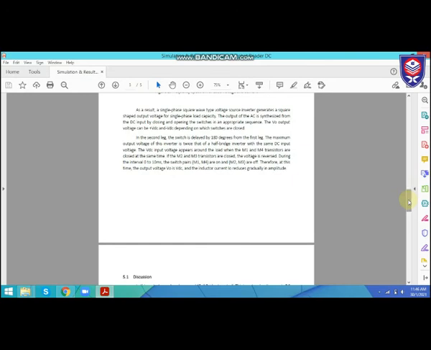Di dalam second leg, switch menjadi delay sebanyak 180 degree daripada first leg, dan maksimum output voltage inverter adalah 2 kali ganda daripada half bridge inverter dalam circuit yang sama DC input voltage.